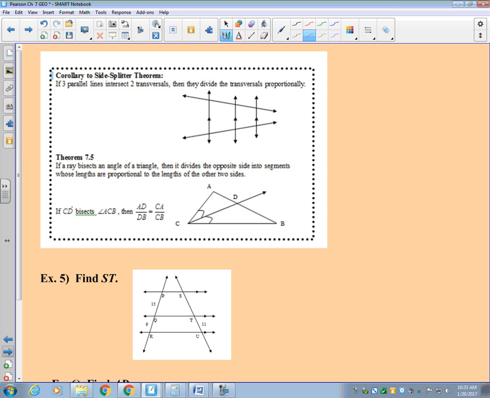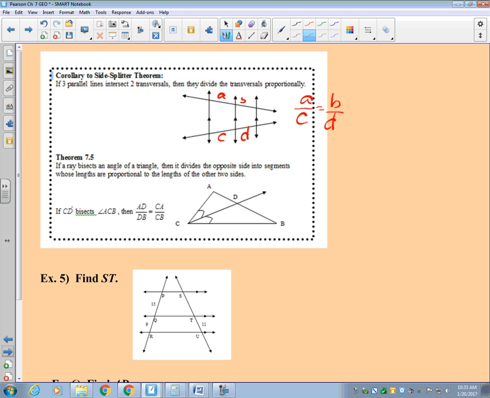So if this little distance here was A, this little distance here was B, that little distance there is C, that little distance there is D, it would divvy these up proportionally. So it would be like A over C is equal to B over D.